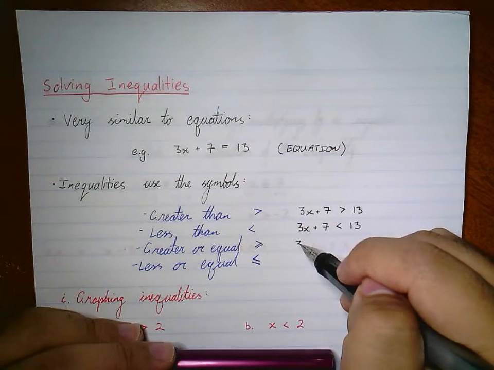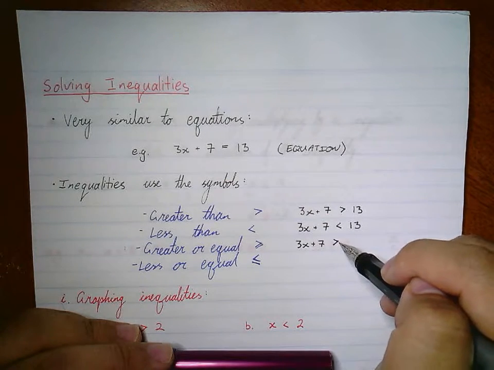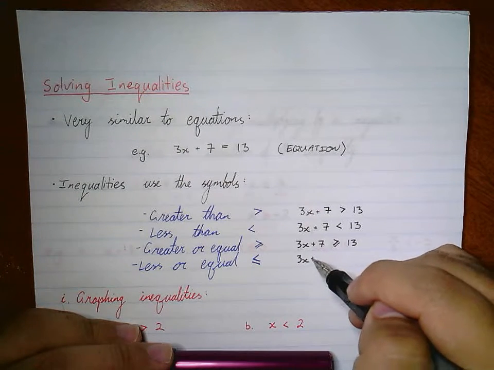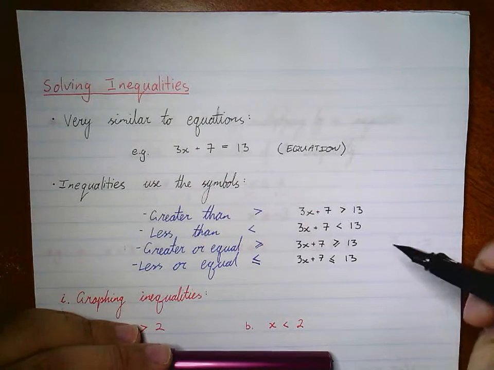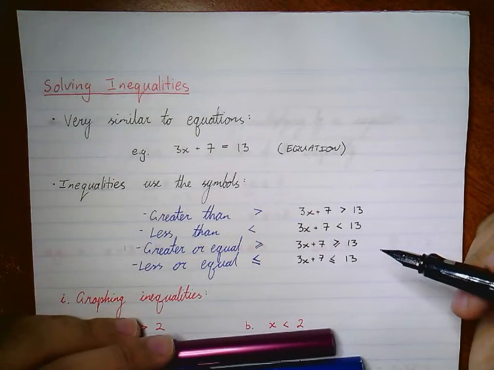And finally, 3x plus 7 is greater than or equal to 13, and 3x plus 7 is less than or equal to 13. So these, using these symbols, are called inequalities.